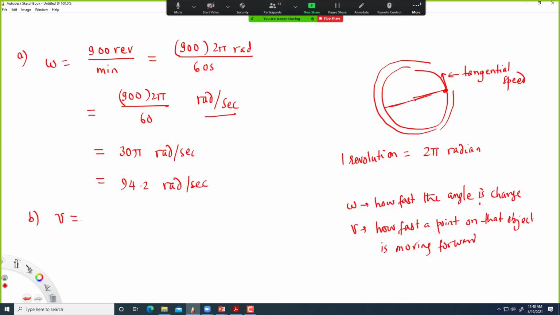The relationship between v and omega is v is equal to omega times r. That's the formula to get v, tangential speed. So omega is 94.2 and r is the radius of the circular object, which is 20 centimeters. So 20 times 10 to the negative 2 in meters, and that gives you 18.8 meters per second.